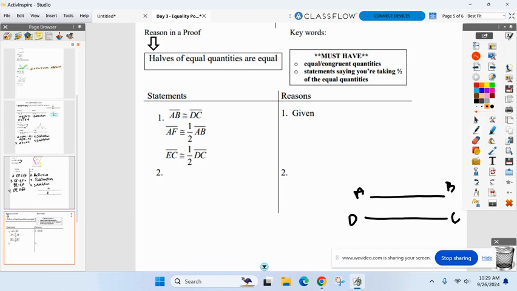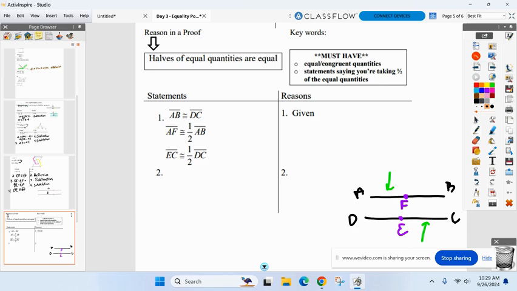I'm going to take half of AB. What's my new line segment called? Good so far. I took half of it. I'm going to call it AF. And I'm going to take half of DC and call it what? EC. What should I know about those halves then?